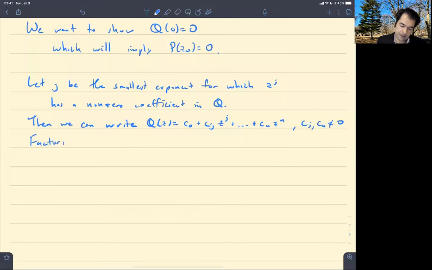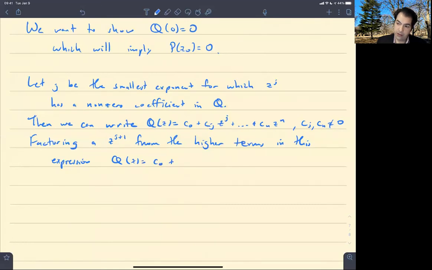Factoring z to the J plus 1 from the higher terms, in this expression, we have Q of z is equal to c0 plus cj times z to the J plus z to the J plus 1 times R of z, for some complex polynomial R of z.